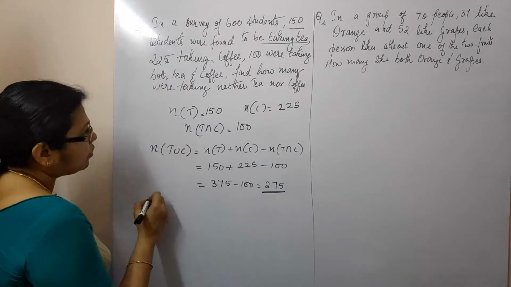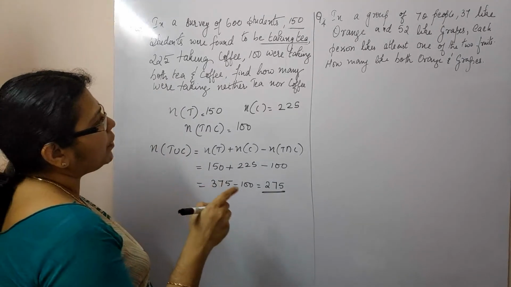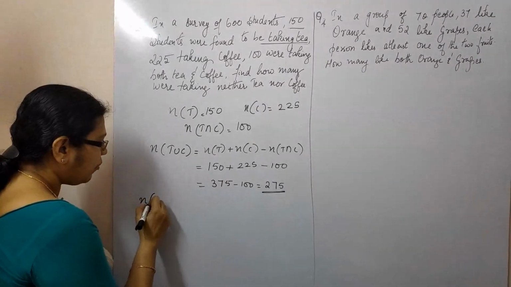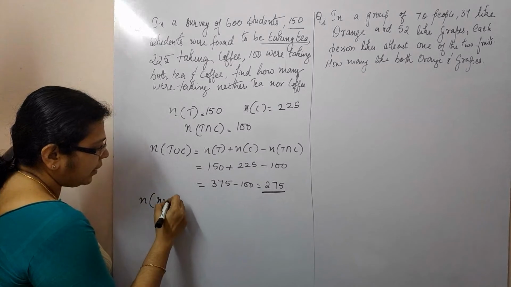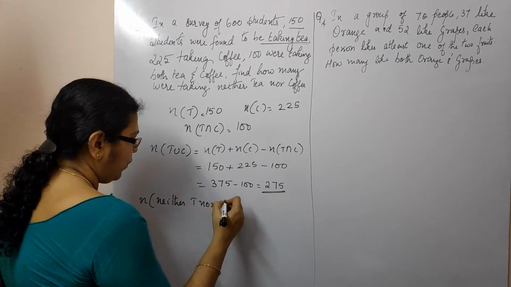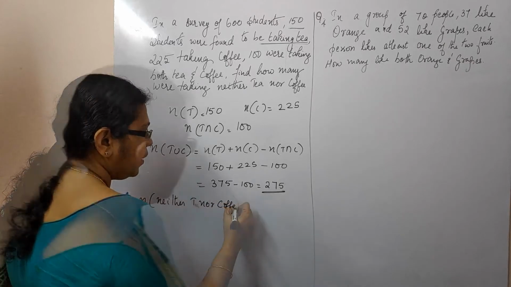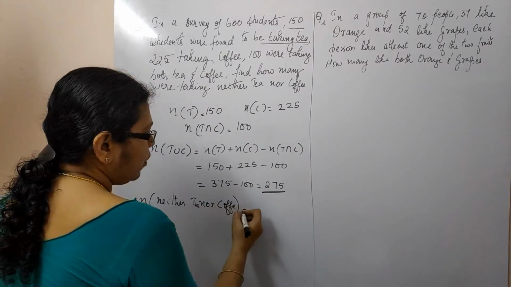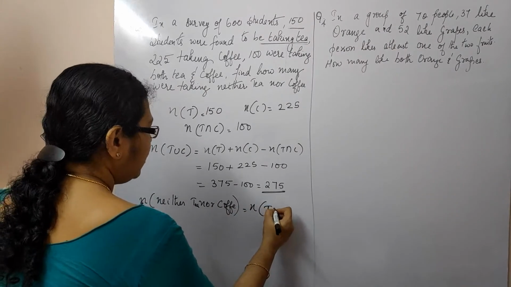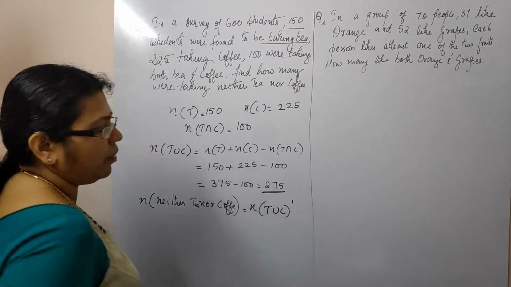Now, we are asked to find the number of people who are taking neither tea nor coffee. Neither tea nor coffee means what? That is T union C, the complement.